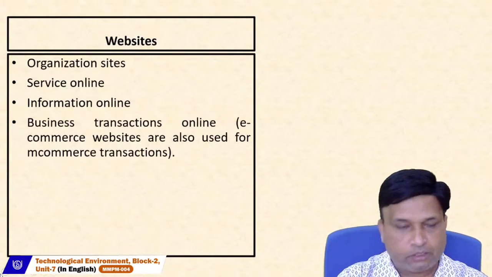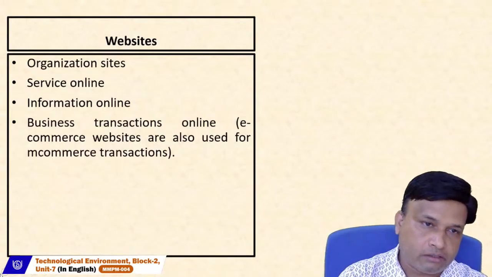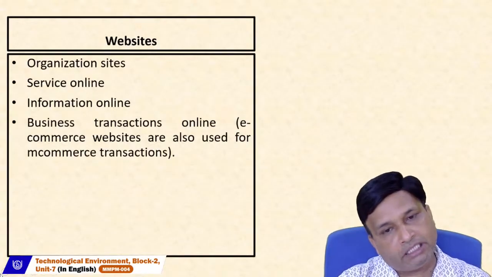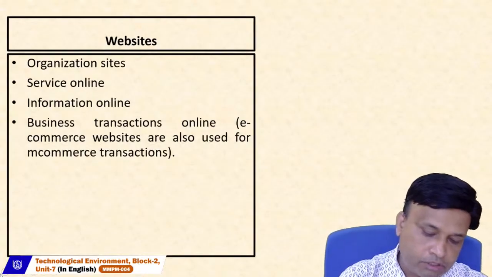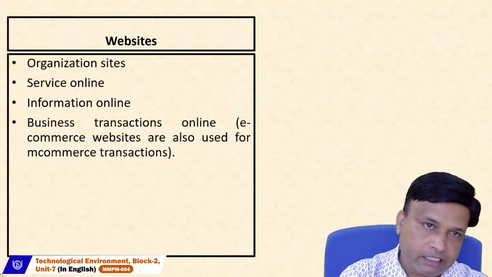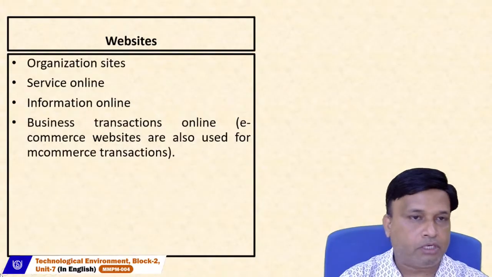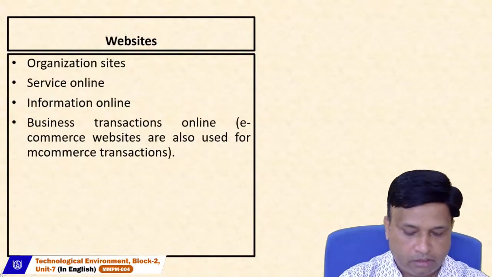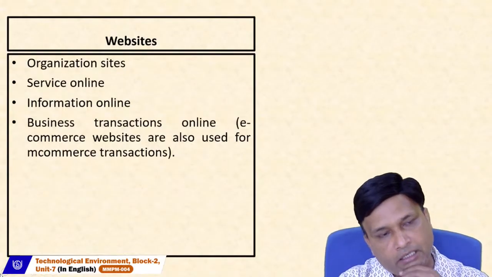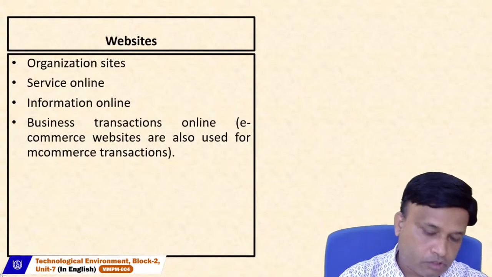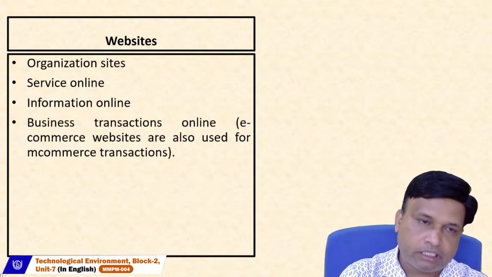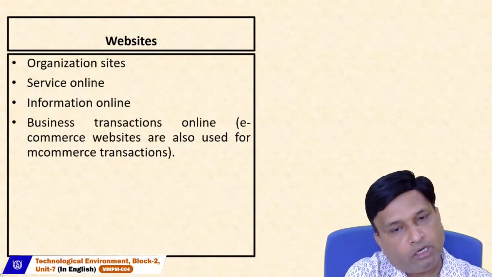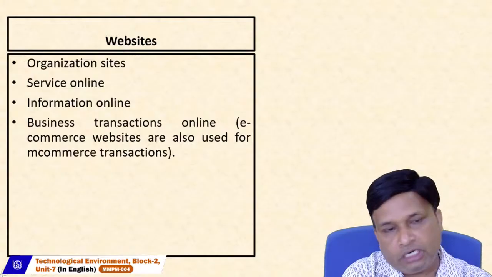Information online, like Wikipedia and other sources, they are providing information online. Business transactions online: you talk about e-commerce, UPI payments. All of that is possible because of websites. You can have information about the organizations, and you can deliver services to the customer online, like the call center, which can resolve your issues online.